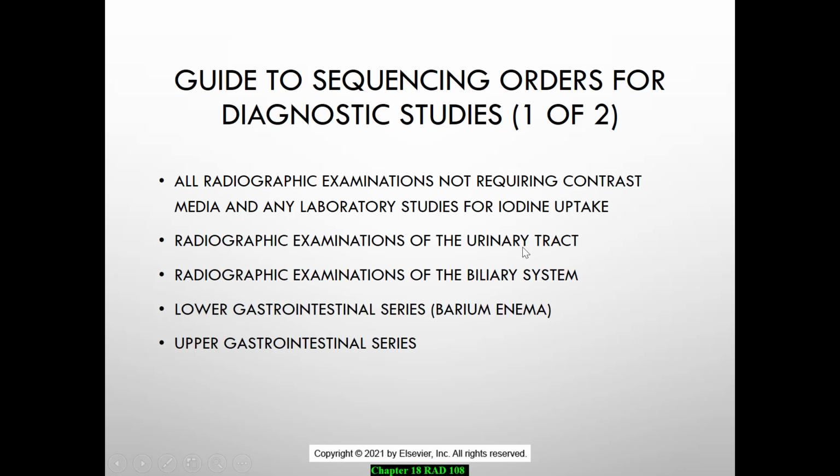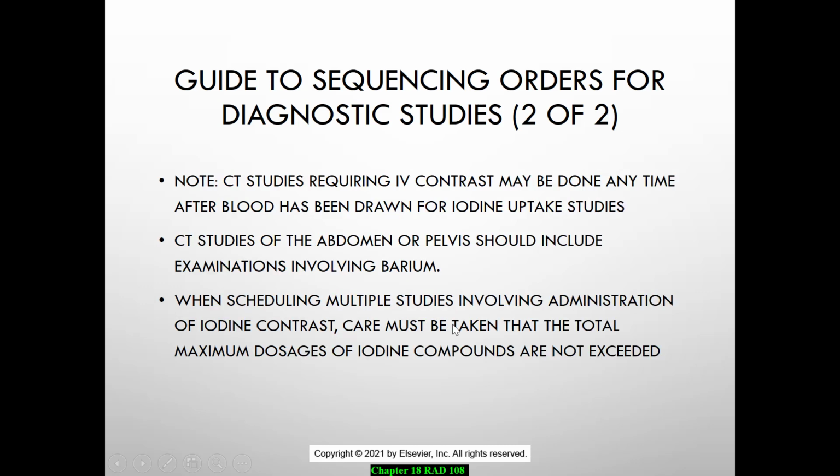So anything that requires the urinary tract would be next, then the biliary system would be next. Lower GI should be done before upper GIs, because when you do an upper GI, that contrast media is going to continue to flow into the small intestine, down to the large intestine, and it'll interfere with that study. So do the lower, then the upper.